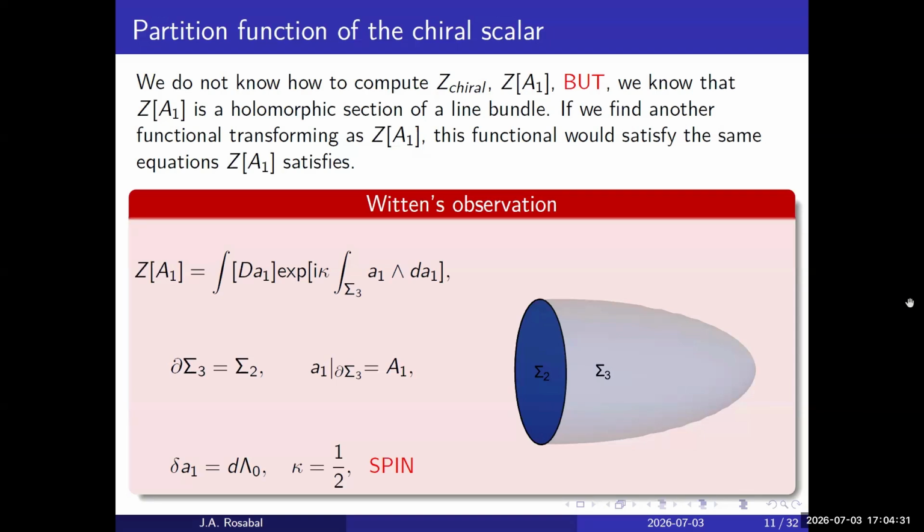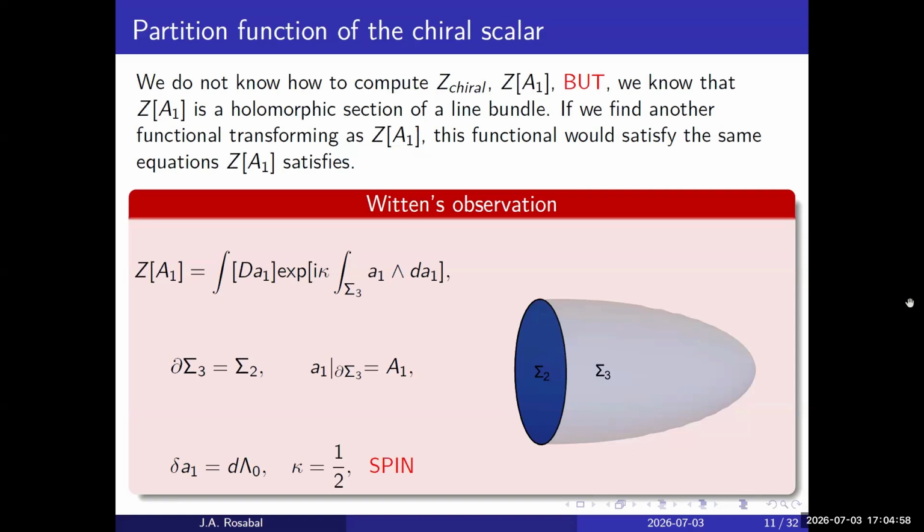One thing which is different from the usual Chern-Simons, and this is one of the hard parts, which I'm not presenting, the geometric quantization of Chern-Simons, which is related to this. But one of the things is that in order to have exactly the same transformation, this constant here has to be 1/2.